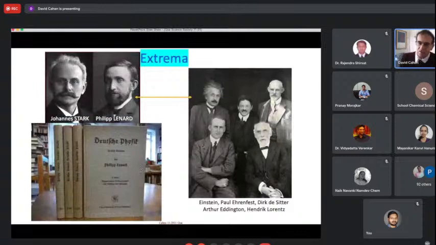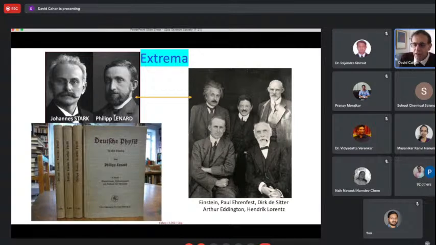On the other side of the slide is a picture that shows something completely different. Here are 5 people with excellent relations between them. Einstein, Ehrenfest, De Sitter, Lorentz, and Eddington.